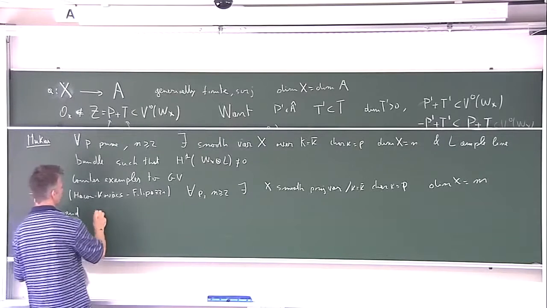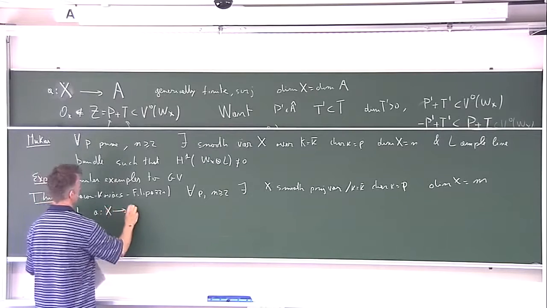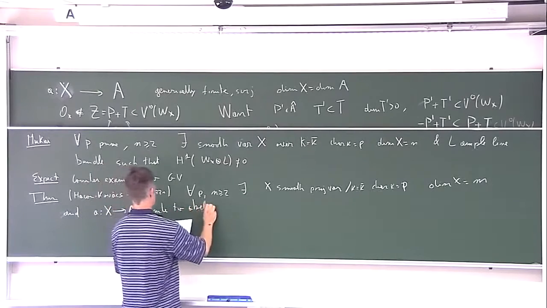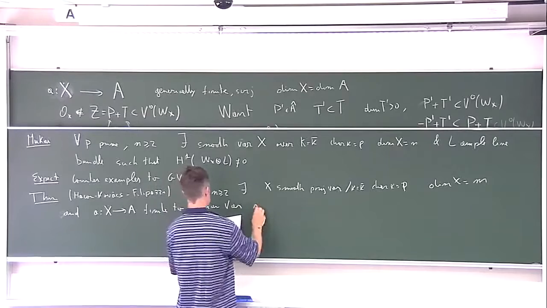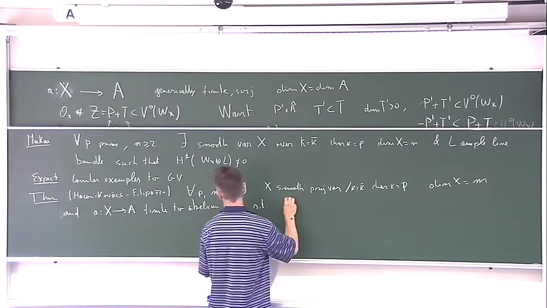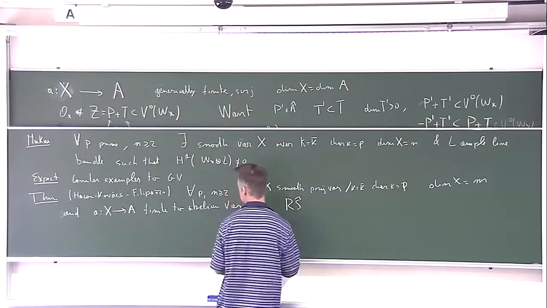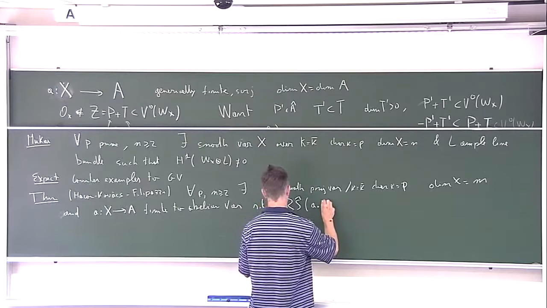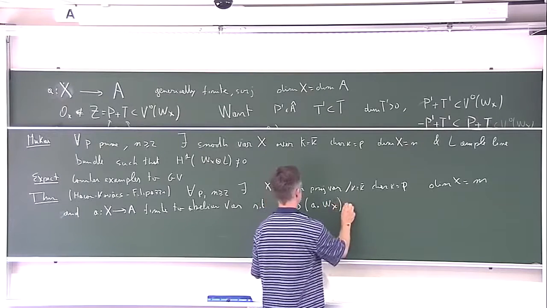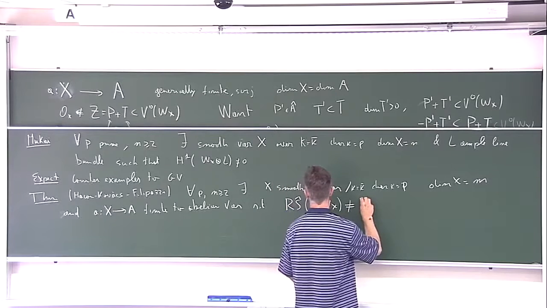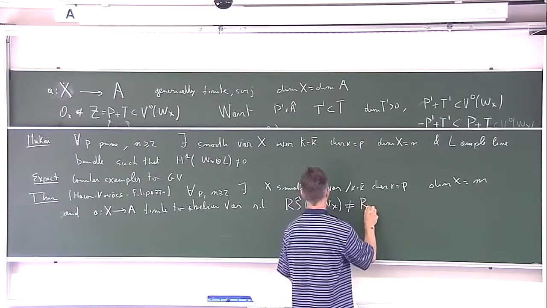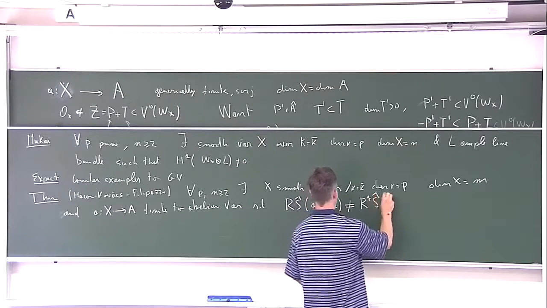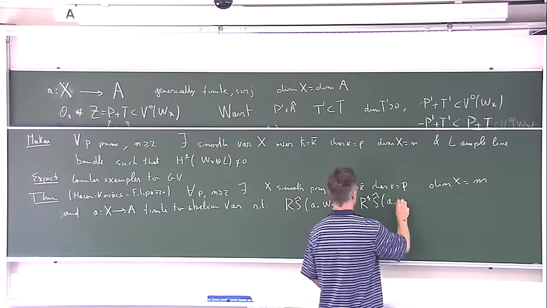And a generically finite map, A from x to A, finite map to an abelian variety such that if I compute RS hat of A lower star of omega x, this is not the same as G S hat of A lower star of omega x.